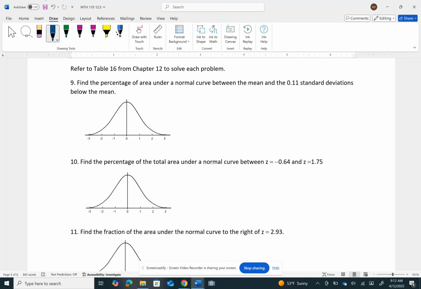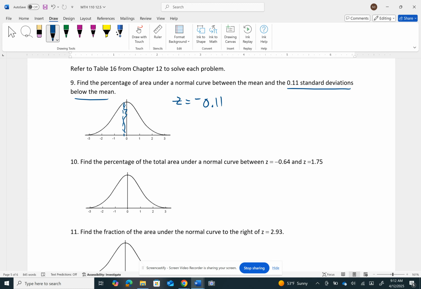So 0.11 would be just slightly to the left of 0. And you want the area under the curve between the mean and that. This is standard deviations below the mean, so that's telling you your z-score is a negative 0.11.